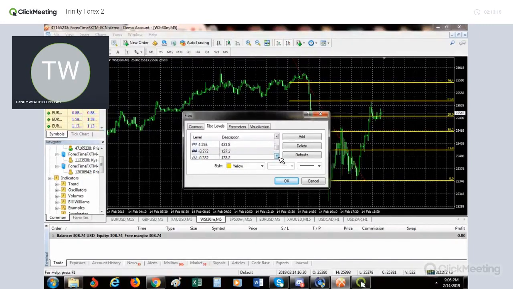For 161 you put 1.61, and for 127 you put 1.27. I will take a screenshot for you, to show you how to add these extensions. Basically, under level, you put the 0 point something or the 1 point something. Then for the description, you put the whole of it, like 127.2 and 138.